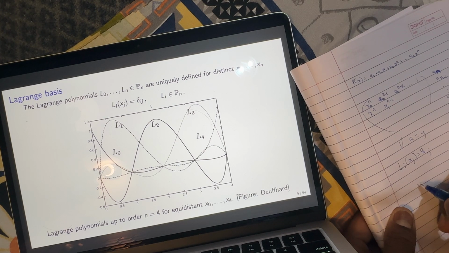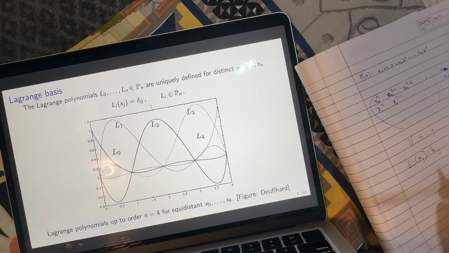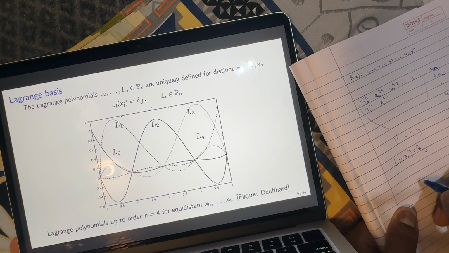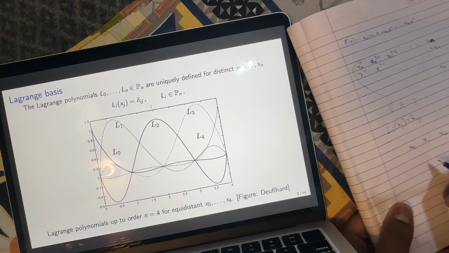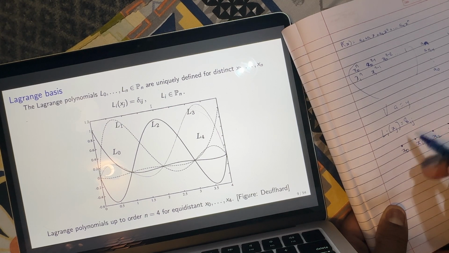So it's like they are one at the point in which they are supposed to be one. So for example, let me write it. Let me see if I have points at x0, x1, x2 and x3. All right, these are the points I have.